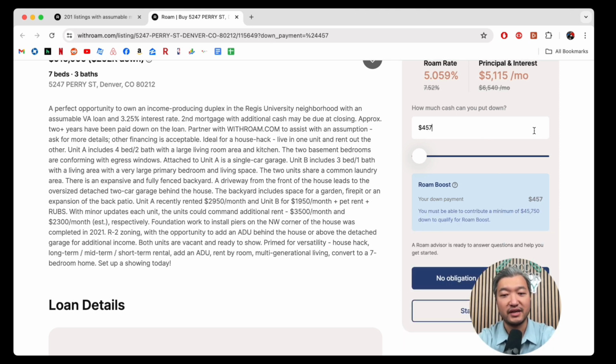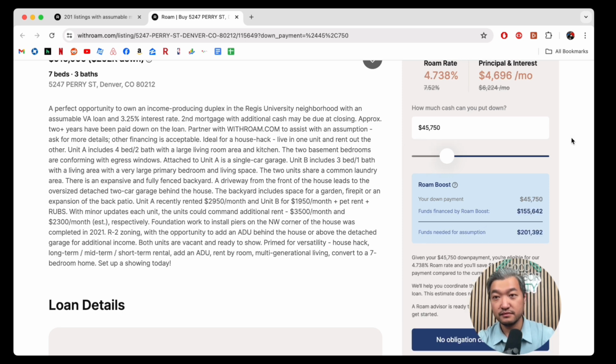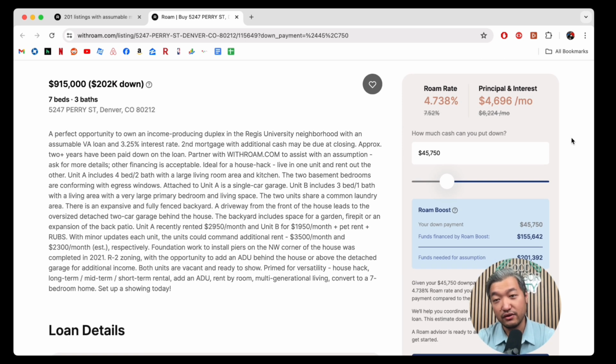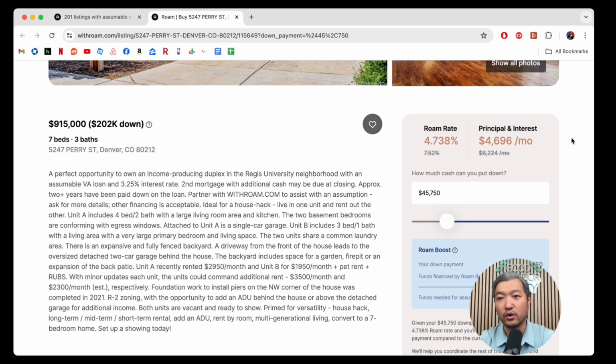So let's put that down. That's about 5%. Now your interest rate jumps up to 4.73% because now you have a second lien on the property, right? So now Roam will help you get a second lien for $155,000, so that all you have to put down is $45,000 in order to acquire this property.